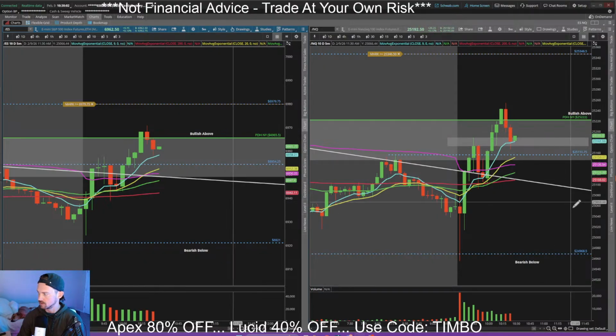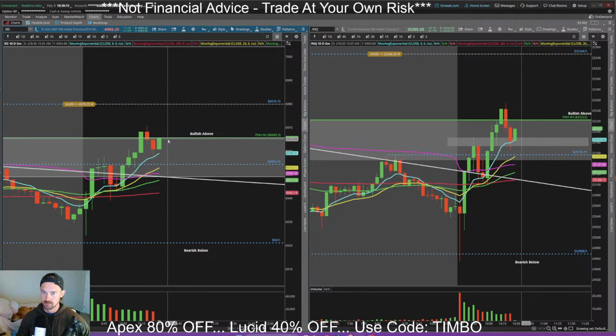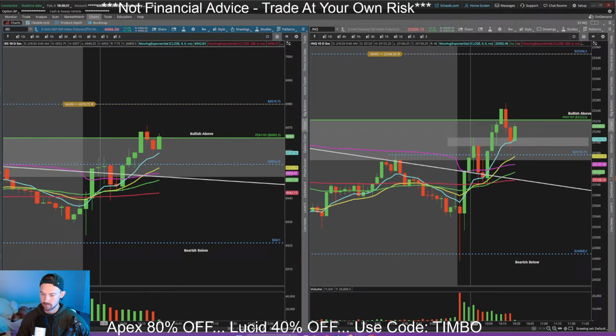Alright, there's our 10:30 start. Pretty good reaction here from the bull so far. Good push back up.